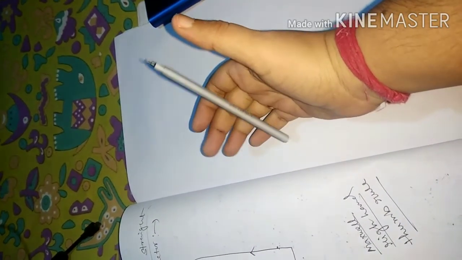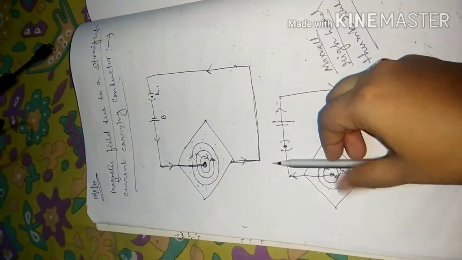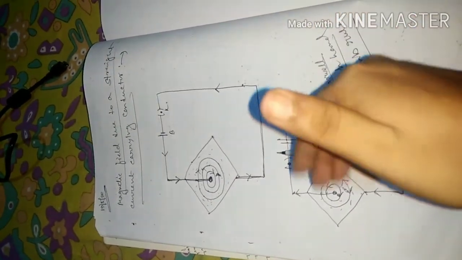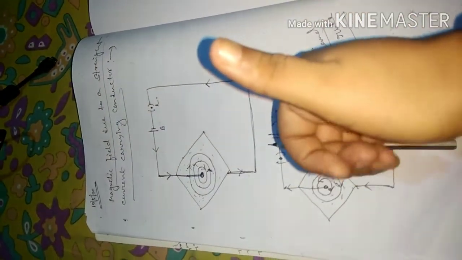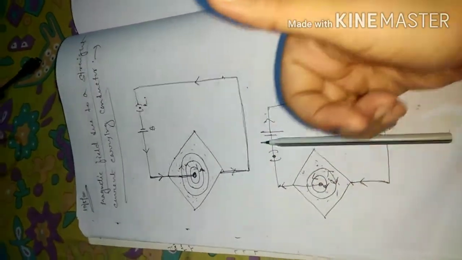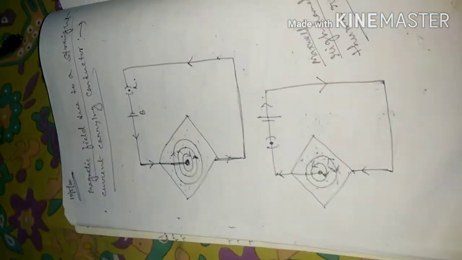So that is the anti-clockwise direction, as in the second figure. The current direction is this side, we stretch our thumb like this, so in which direction will the other four fingers move? Anti-clockwise. That is the direction of the magnetic field lines.